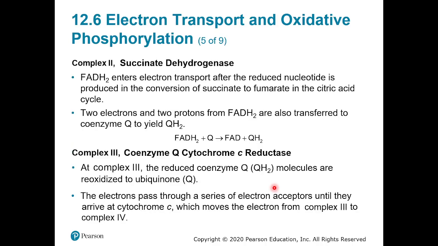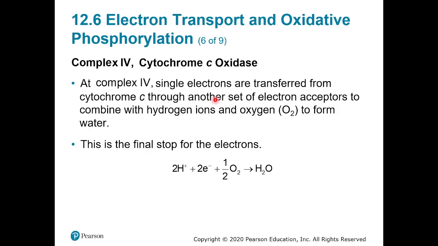So we have made cytochrome C reductase, and we have made cytochrome C in the reduced form. That reduced cytochrome C is going to go into complex 4, which is cytochrome C oxidase. This is where we take single electrons from cytochrome C and go through another set of electron acceptors. This then combines with hydrogen atoms and our oxygen to form water.